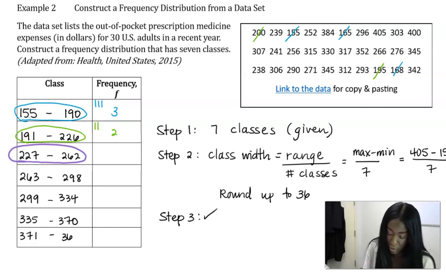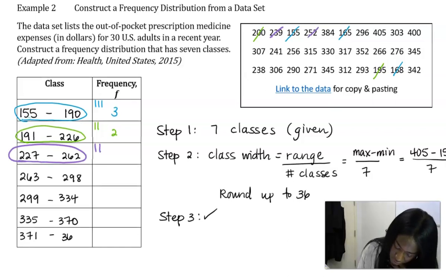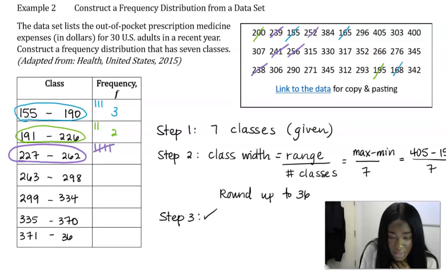I mean, I just know what the answers are, but we actually do have to go through and look at each number and figure out, is it between 227 and 262? So 239 is, 252 is, 241, 256, 238, that's 5, and that's all of them.